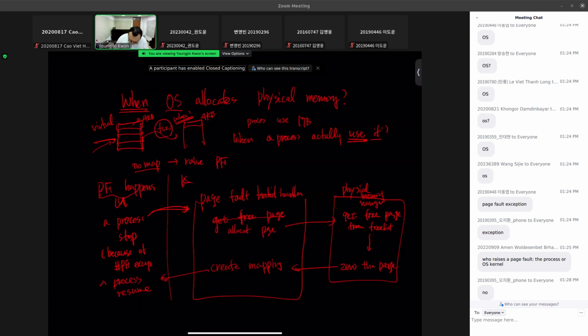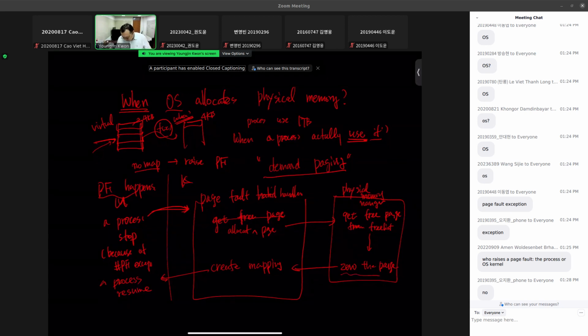That is called demand paging. When the application uses a page and a page fault happens, it goes to the kernel. The kernel allocates a page, creates a mapping, and then resumes. The next time the process accesses it, no page fault happens. That is one key design question for physical memory allocation, called demand paging.